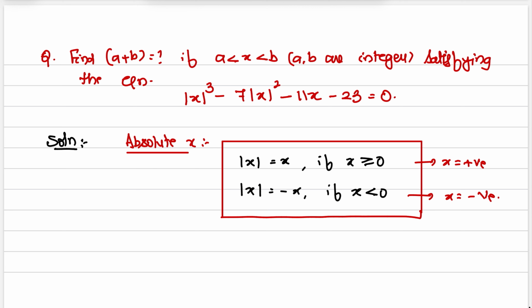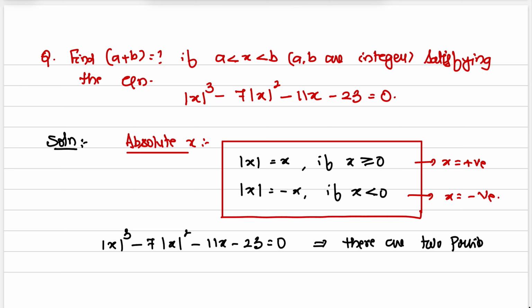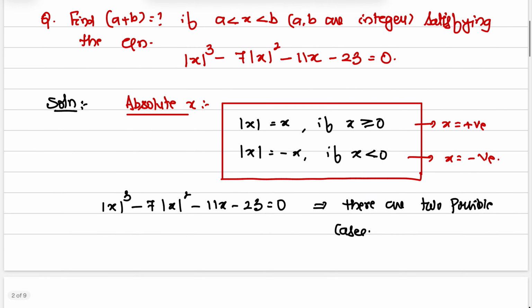There are two cases to be considered. Absolute x cube minus 7 into absolute x square minus 11x minus 23 is equal to 0 implies there are two possible cases, and we have to consider both.